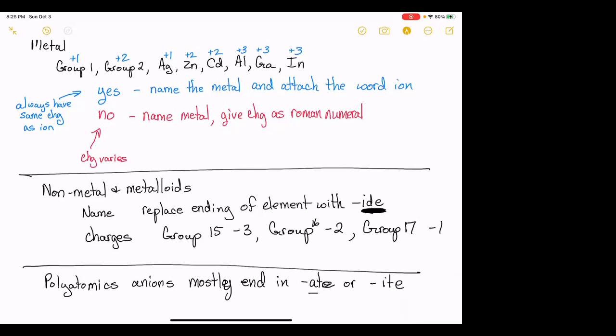And it is because of the last 3 letters that we have the ability to differentiate. Again, there's always some exceptions. There's 5 exceptions to what I'm saying. But in general, the ending tells us whether we're dealing with an anion of an element or a polyatomic ion.